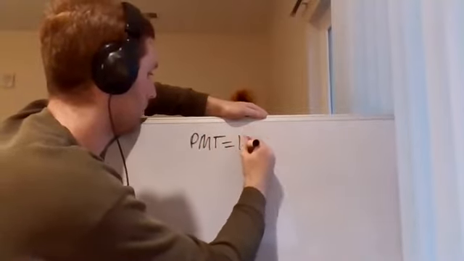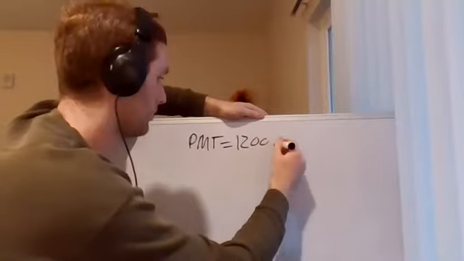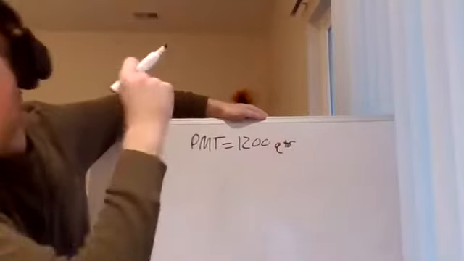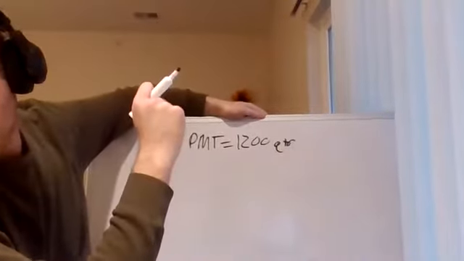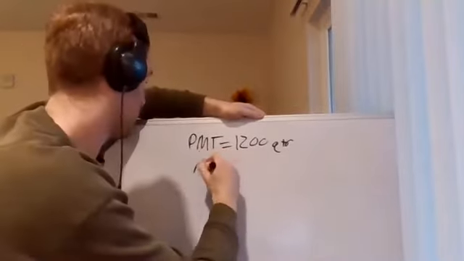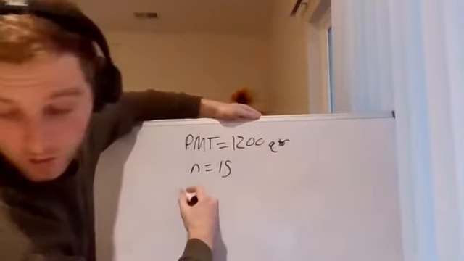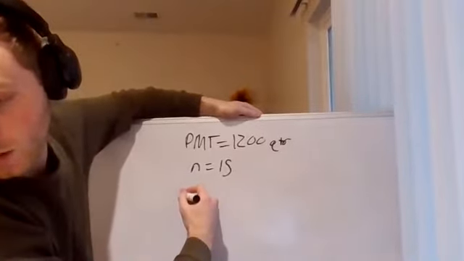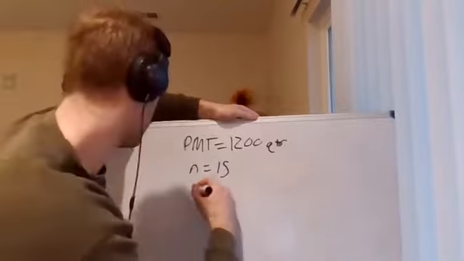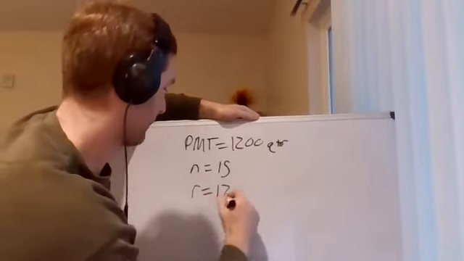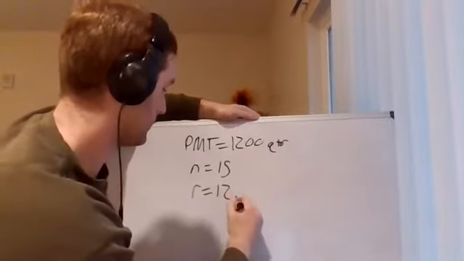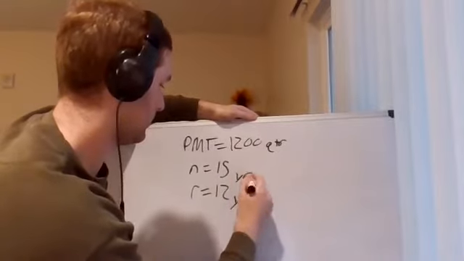So the payment is 1,200 a quarter, QTR. Our 35 for 15 years. So our N equals 15. Our interest rate that we require is 12%. So again, this is a year.